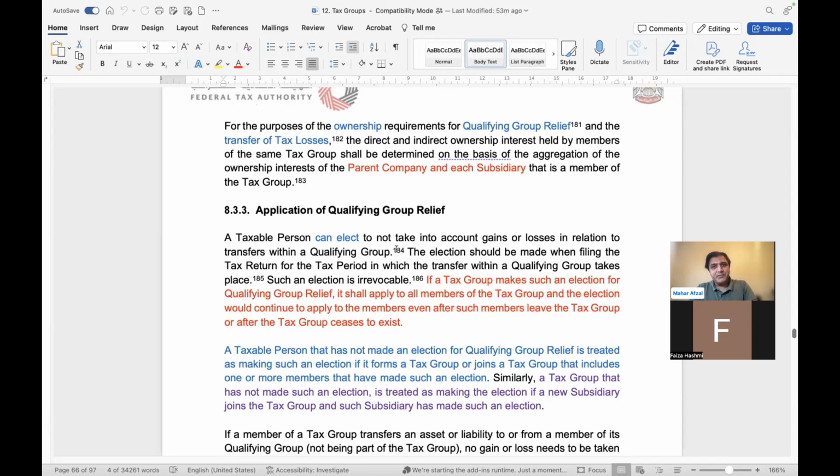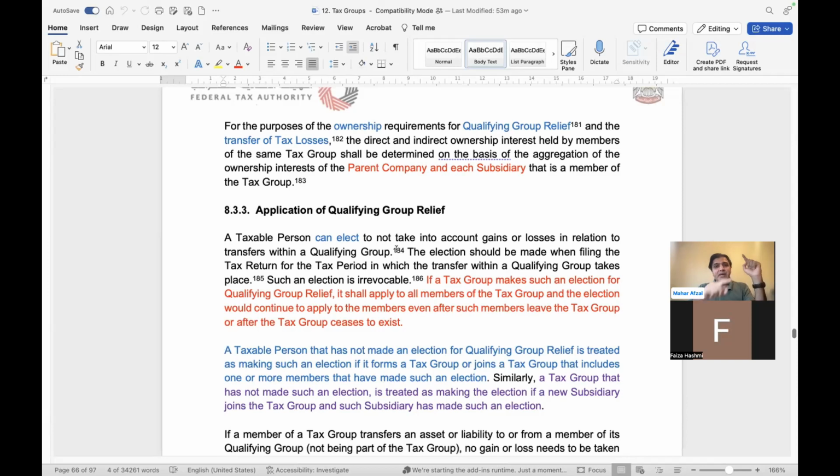75% common ownership, same tax period, same accounting standards. None of them is a qualifying free zone person. None of them is an exempt person. If all these conditions are satisfied, then one person can transfer its tax losses to another person, up to a maximum of 75% of the taxable income of the recipient.